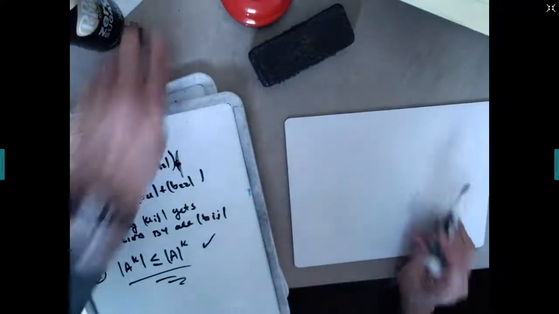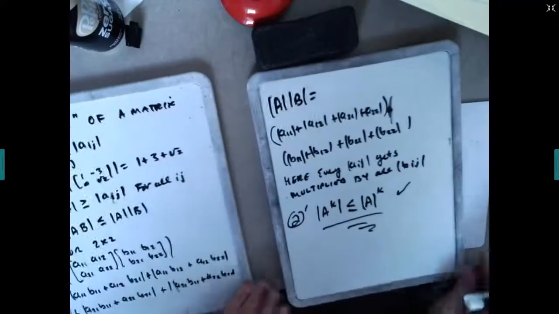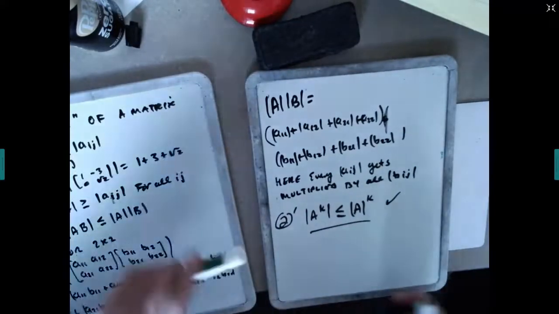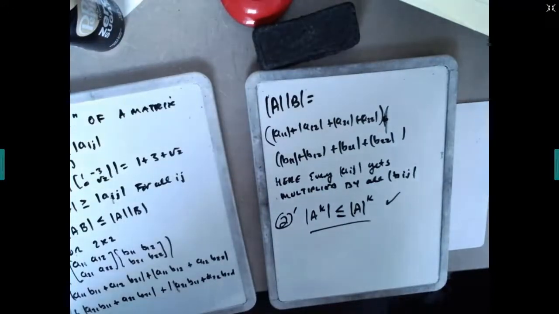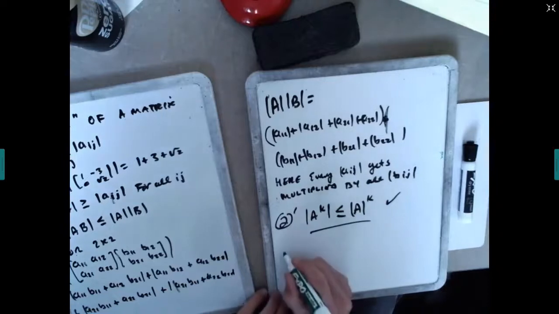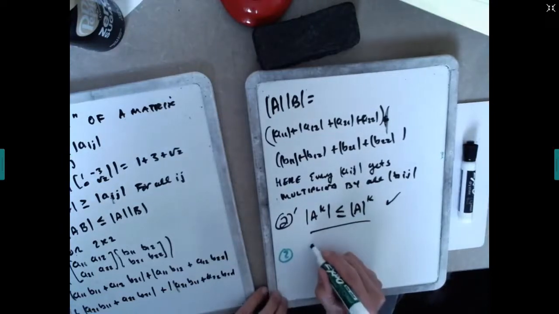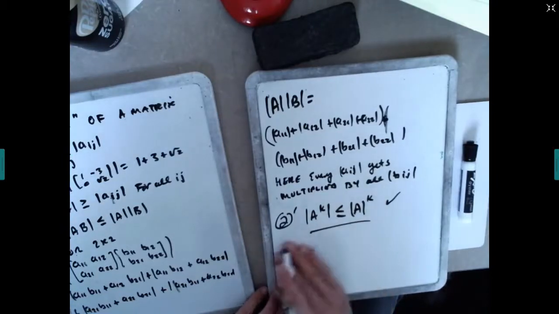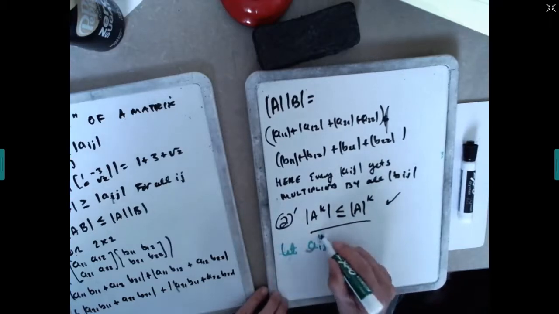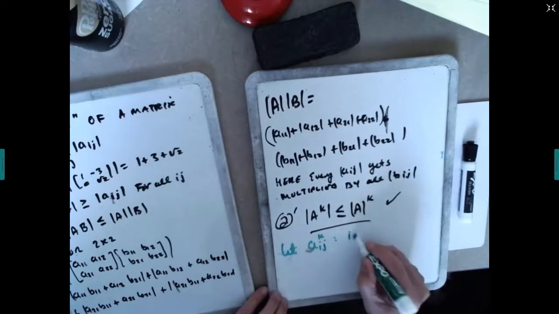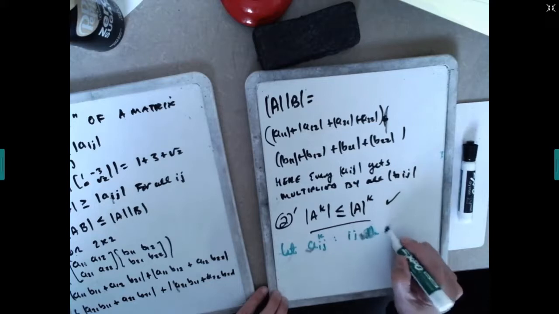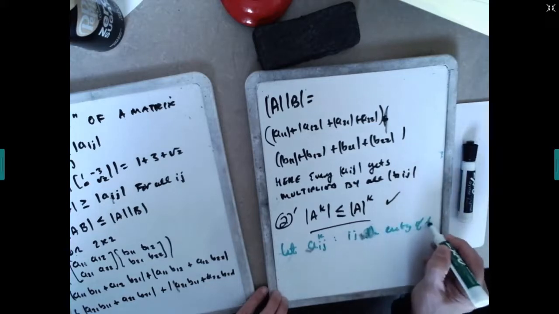From this right here, from 2, we get the following important result. I think it's important anyway. What 2 says, let aij to the kth be the ijth entry of A to the k.